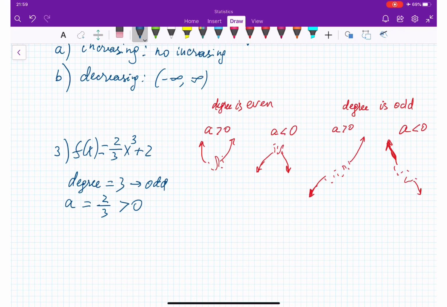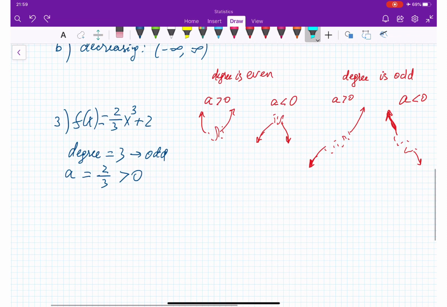So odd and greater than 0. It's going to be this one, right? So the graph is going to look like this.